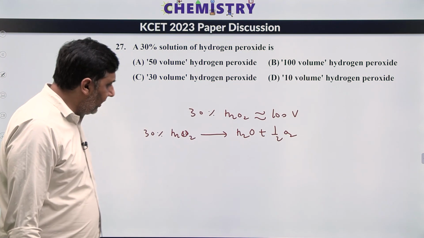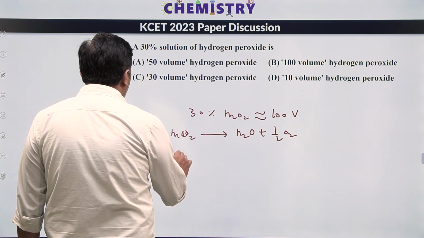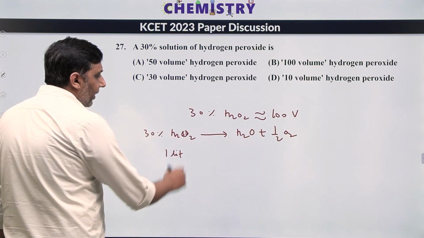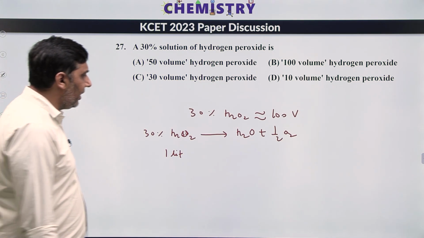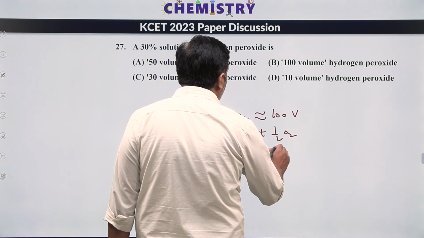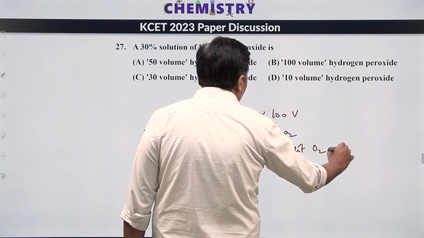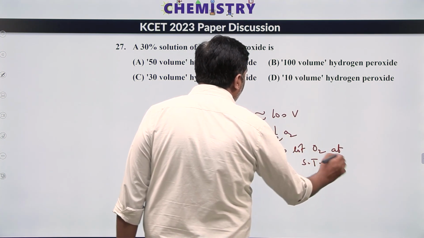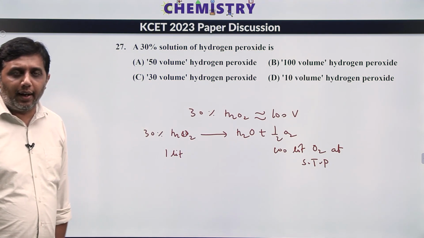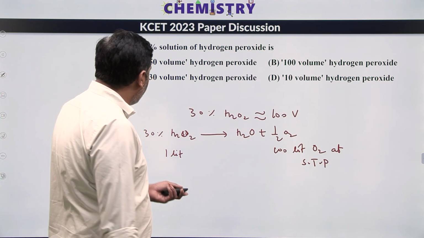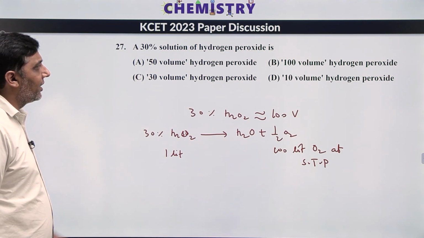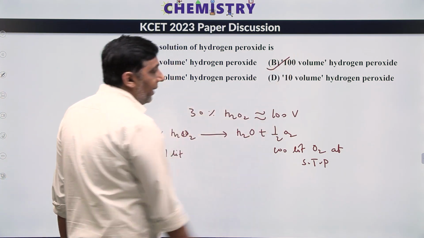So if you take 1 liter of 30% H2O2 aqueous solution, it is always going to give 100 liters of O2 gas at STP, right? 100 liters of O2 gas at STP. So this is the 27th question, this is direct, and the answer is going to be B here.